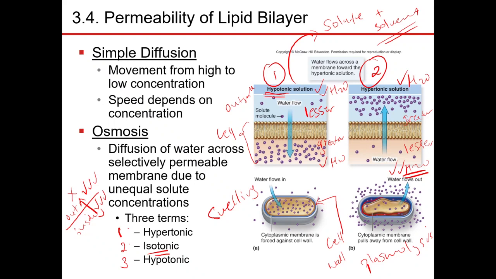In a hypotonic condition, in box 1, when water enters the cell it starts swelling, and it's prevented from bursting because of the powerful cell wall. In situation number two, when too much water leaves the cell, the plasma membrane pulls away from the cell wall, a condition called plasmolysis.